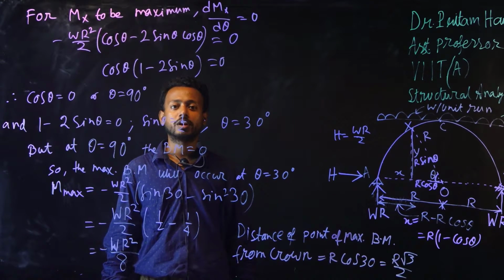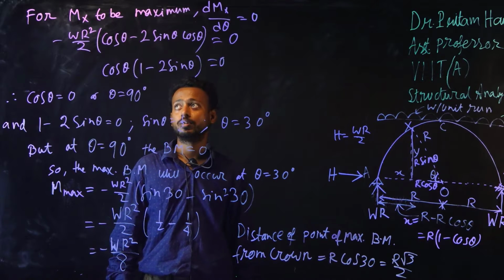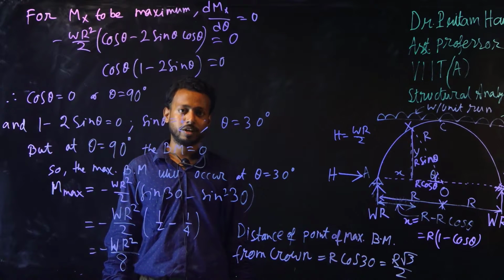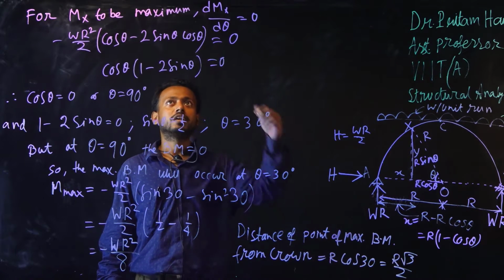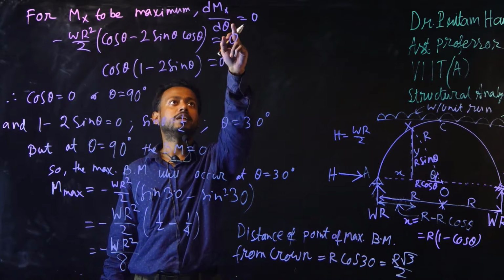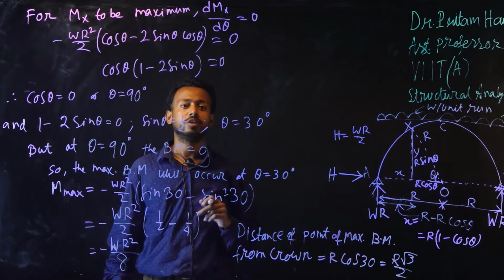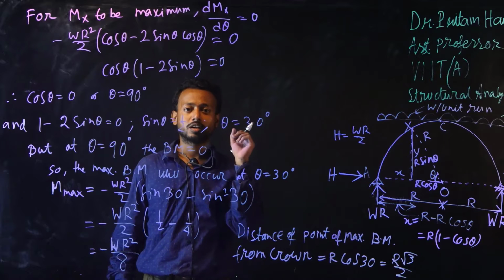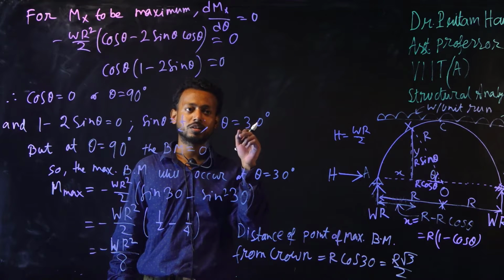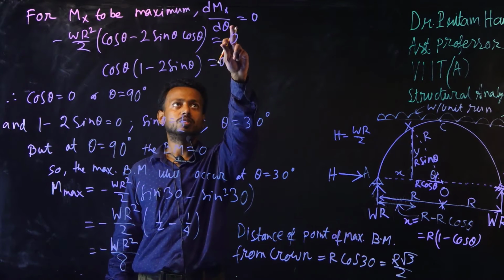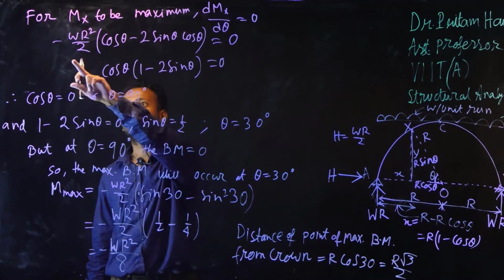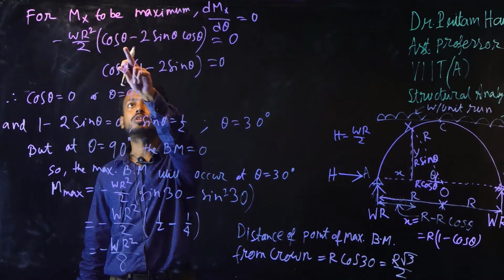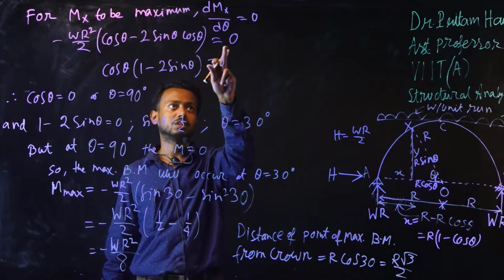So now we will calculate the maximum bending moment. We know the maximum bending moment will occur if you put del M del theta equal to 0. So we will differentiate the bending moment expression, the bending moment function, with respect to theta. We will get minus WR square by 2 cos theta minus 2 sin theta cos theta equals to 0.